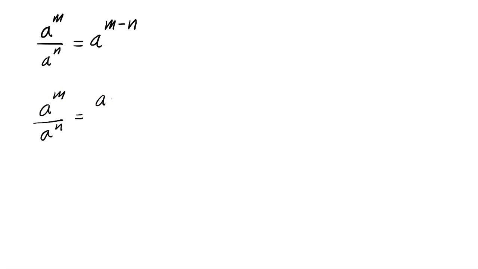Then we also have a rule for dividing two exponents. So you have a raised to the power m, and a raised to the power n. So then you have a rule that this is a raised to the power m minus n. So why does this rule hold? It holds because if you write the left hand side, here means we have a multiplied by itself m times.